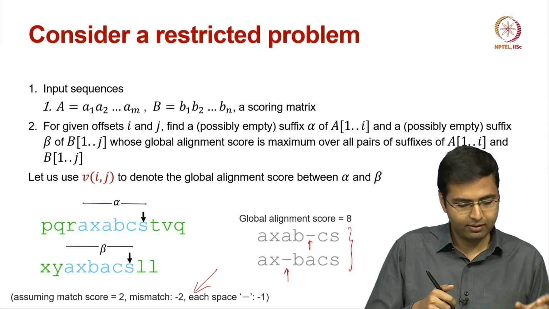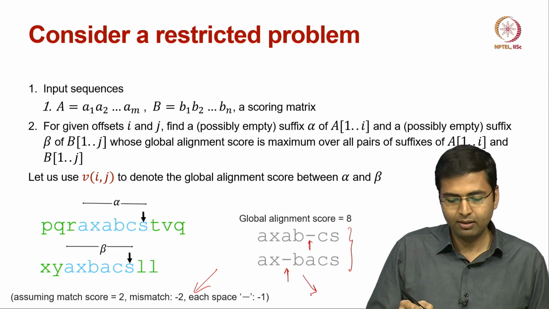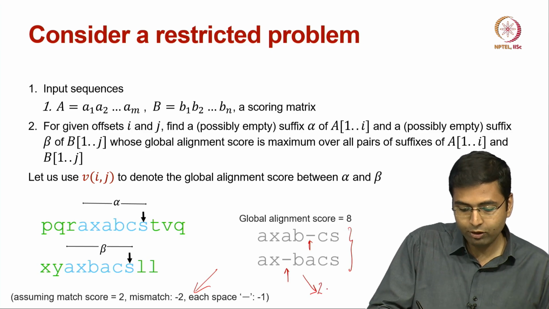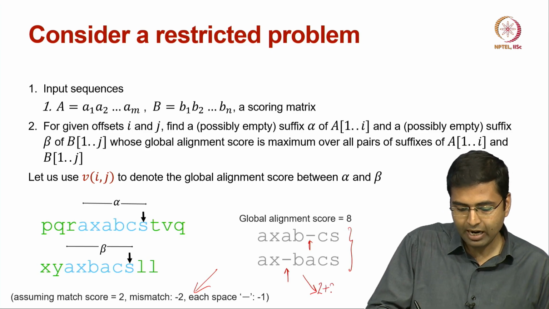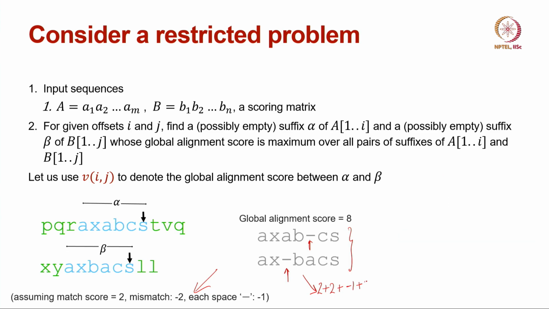So under this scoring system you can already see that this global alignment has score 8, because you have a mismatch, you have a match, you have again a match, you have a dash character, so I will subtract 1, then you have a match, then you have a dash character, and then you have a match, and again a match.